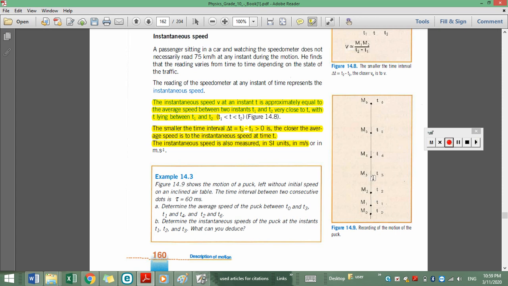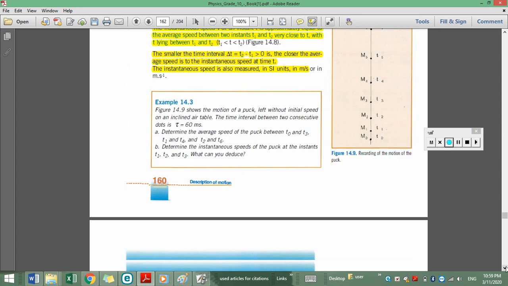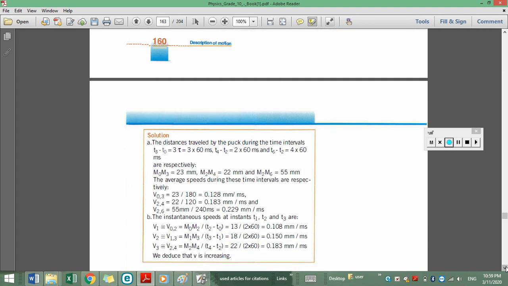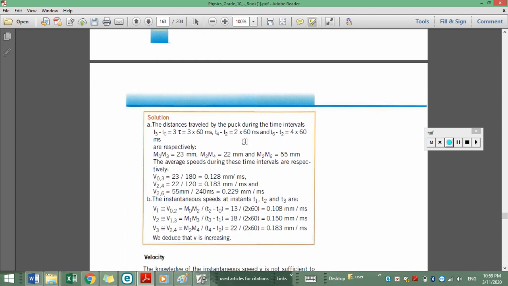Similarly for T3, the closest ones are T2 and T4. So the instantaneous speed at T3 is equal to the distance M2M4 divided by 60 and 60, 120 milliseconds, and don't forget to do the unit conversions. You can find the solution here. You can verify your answers.